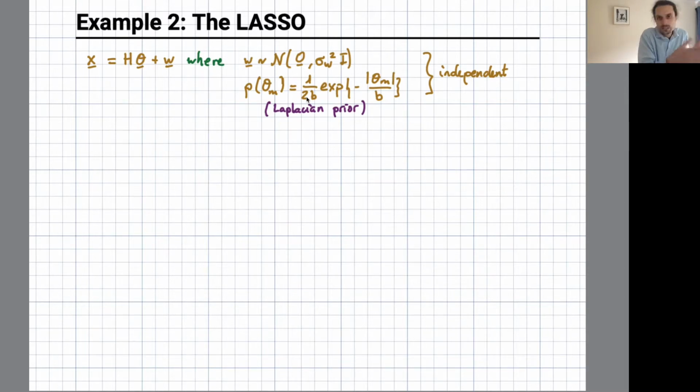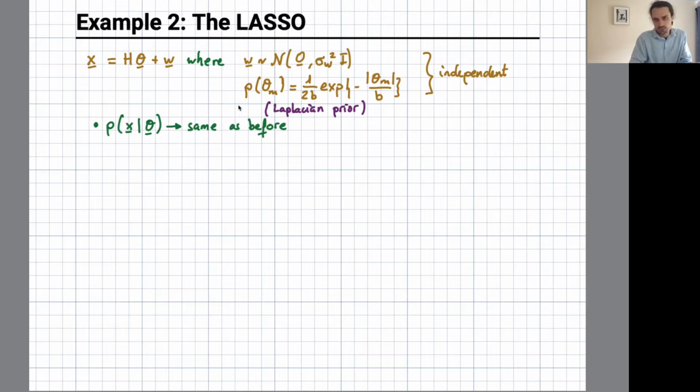A Laplacian PDF is the exponential of an L1 norm, essentially. So we don't have squares here, and then normalized by a constant. Again, theta and w are independent.